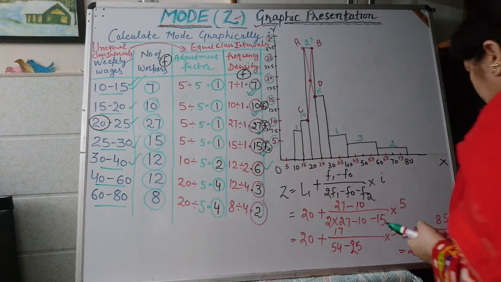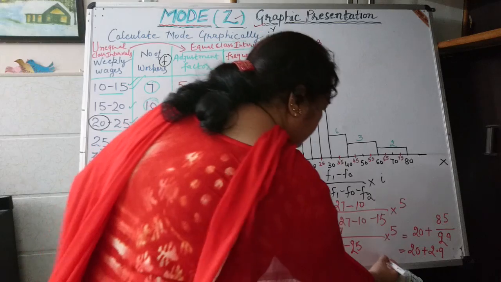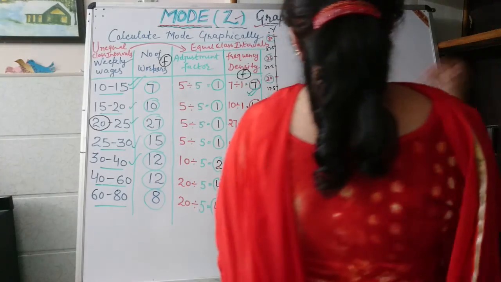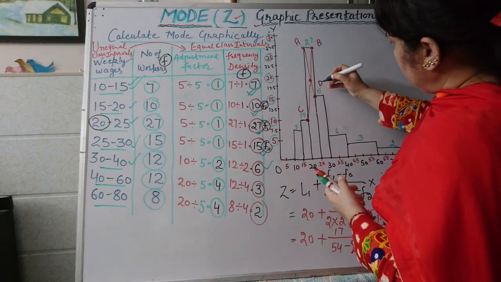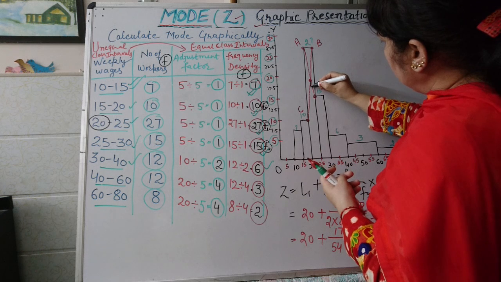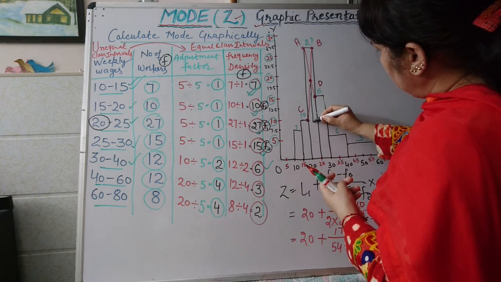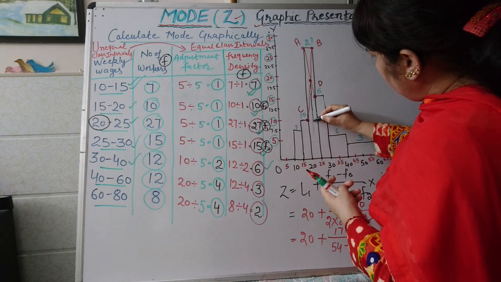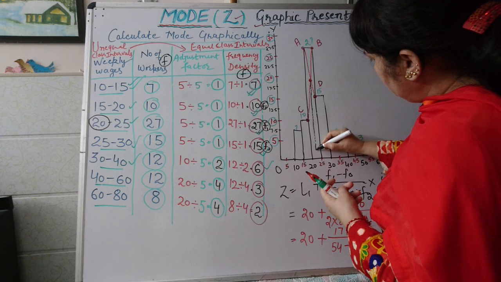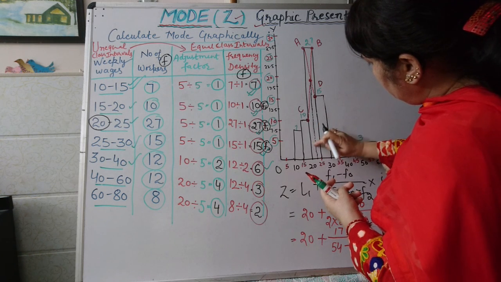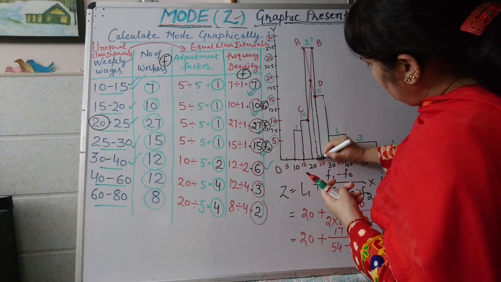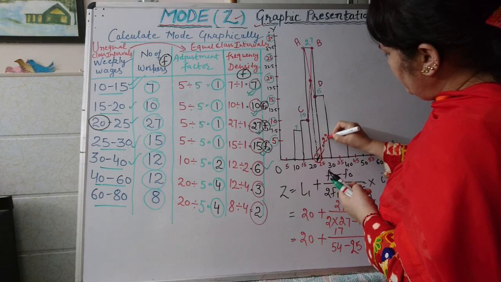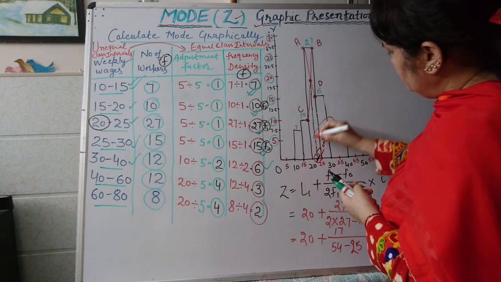So the answer will be 22.9. So the value of mode will be this, this is the modal value. Z is equal to 22.9. This will be the answer.